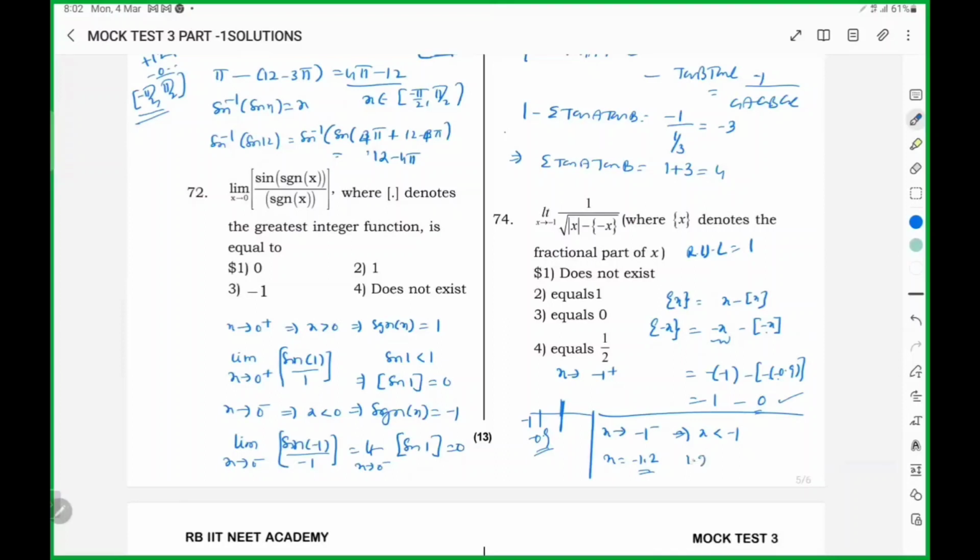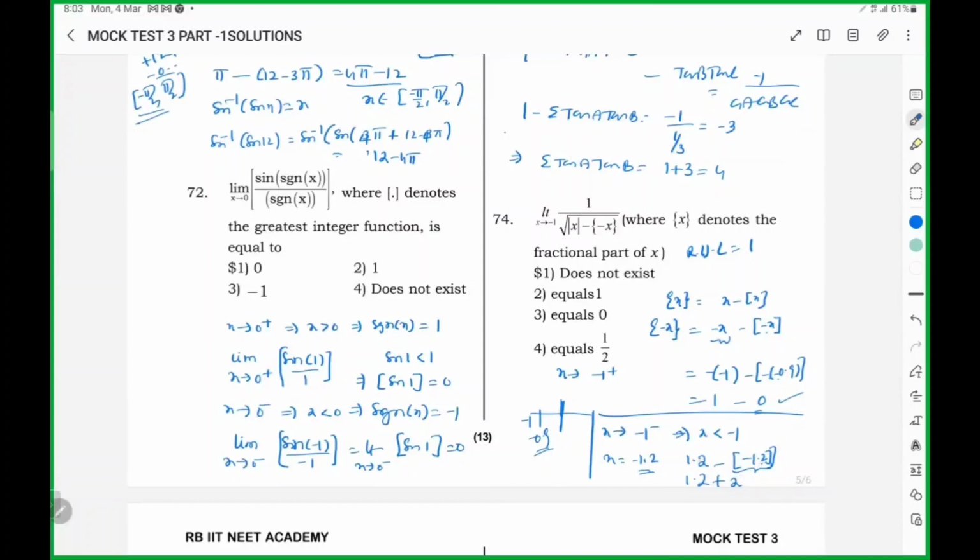So it will be 1.2 minus of minus 1.2, it will be 1.2 plus 2.